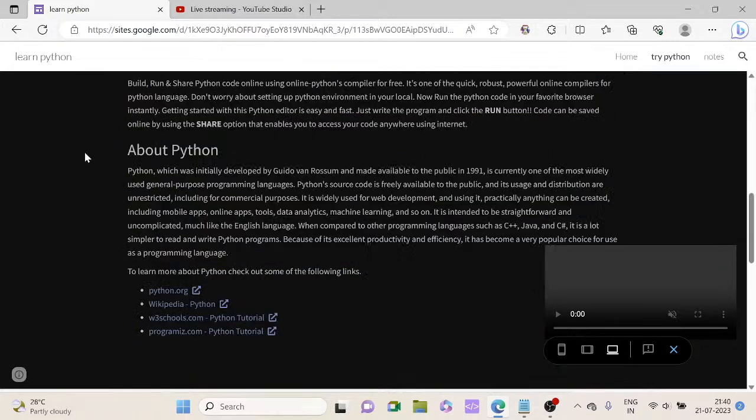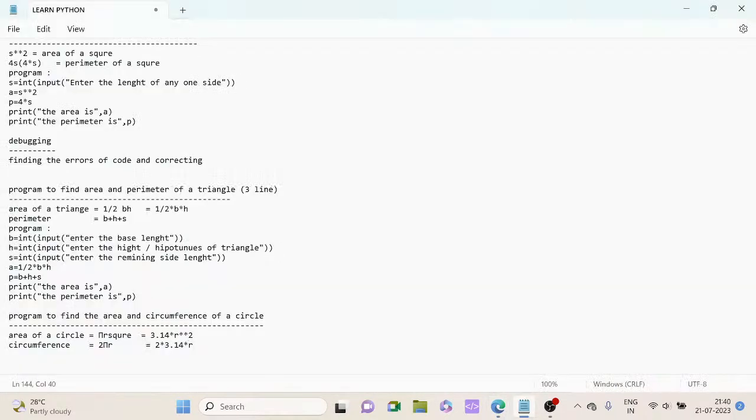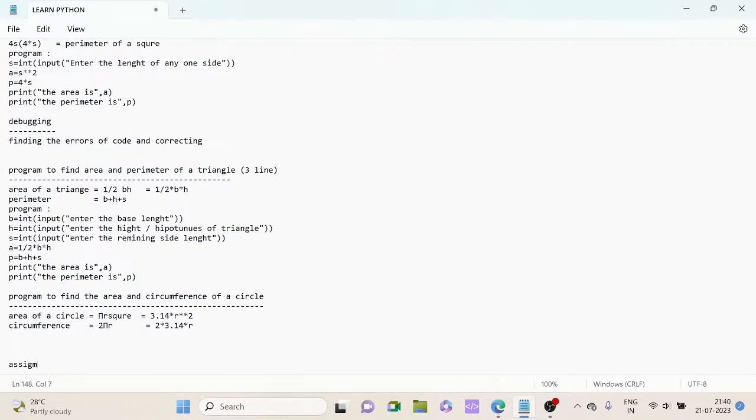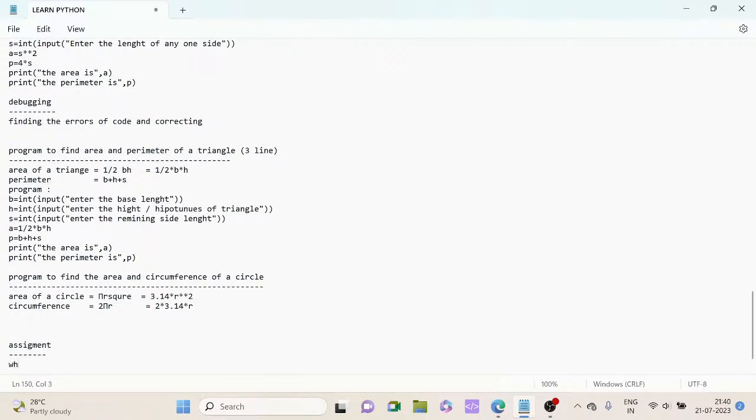So today's assignment, a small assignment. Just do it and send it to the mail. A question: when we are typing the radius, can we include the centimeter symbol?